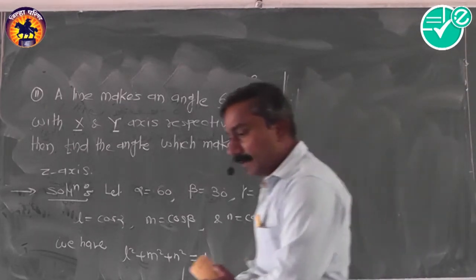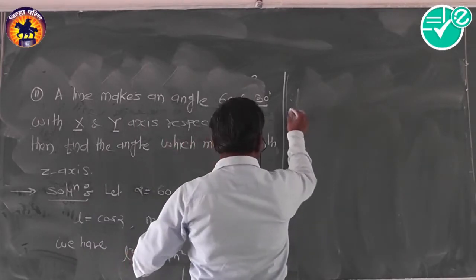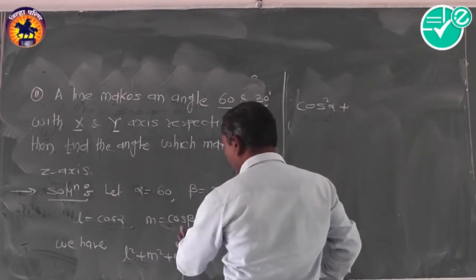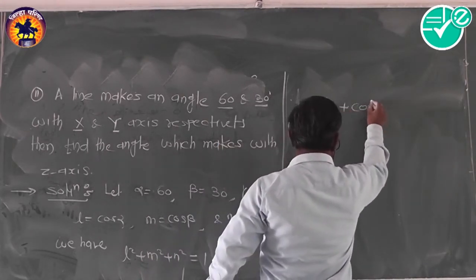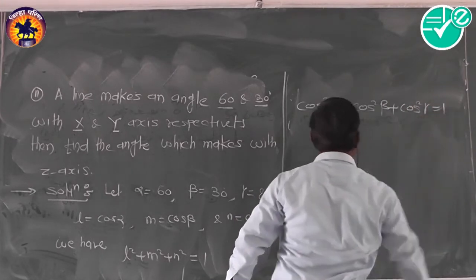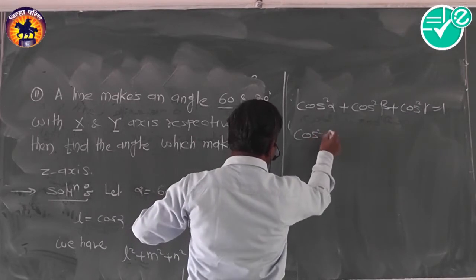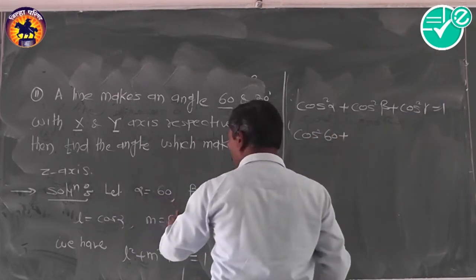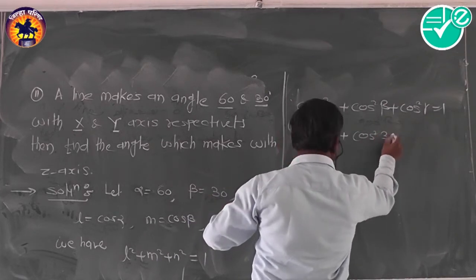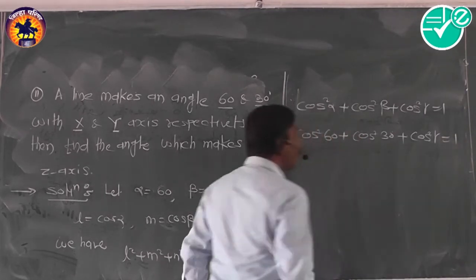So what will be here next? That is cos square alpha, plus cos square beta, and cos square gamma is equal to 1. Now cos square 60 degree, cos square 30 degree, and cos square gamma is equal to 1.